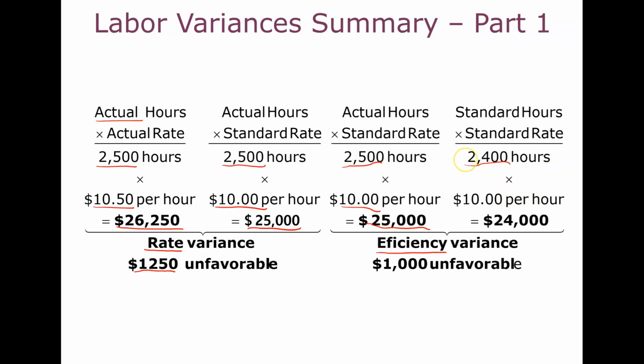The amount of hours that they budgeted was 2,400, and at $10 an hour, which is $24,000. They have a $1,000 unfavorable variance. One, they used 100 more hours. And then actually two, they were at 50 cents an hour more. So both their rate and their efficiency variance are unfavorable.